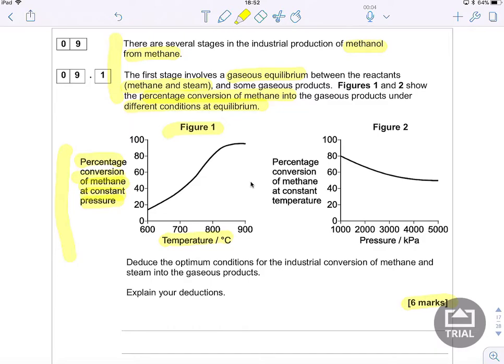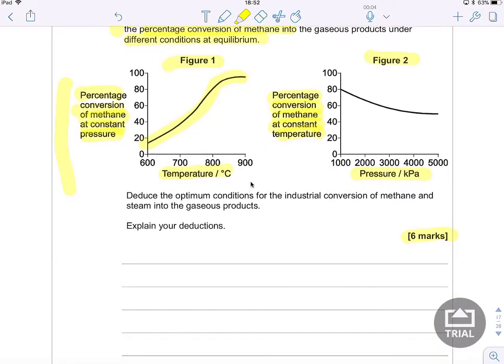And then figure 2, we've got pressure, and we've got the percentage conversion of methane at constant temperature. Essentially, figure 1 is changing the temperature, figure 2 is changing the pressure, and the question says deduce. So that basically means work out the optimum conditions, the best conditions for the industrial conversion of methane and steam into gaseous products.